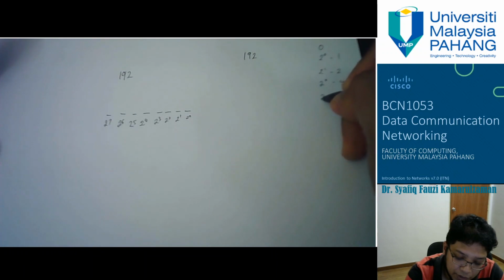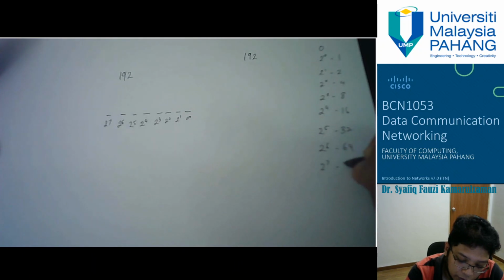It's basically double the previous number, so 2 power of 3 is 8. 2 power of 4 is 16. 2 power of 5 is 32. 2 power of 6 is 64. And 2 power of 7 is 128.